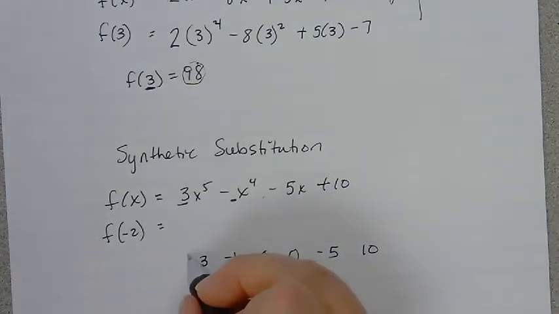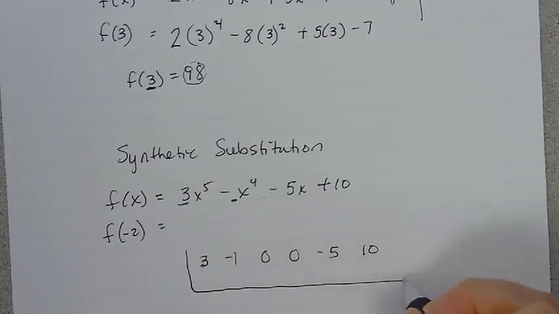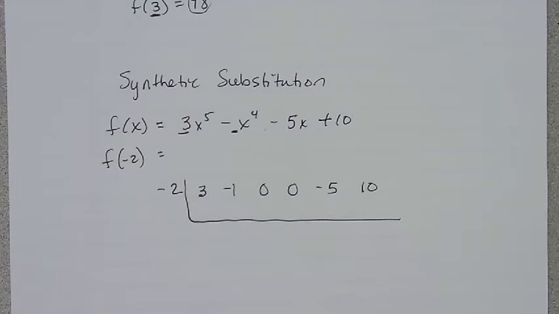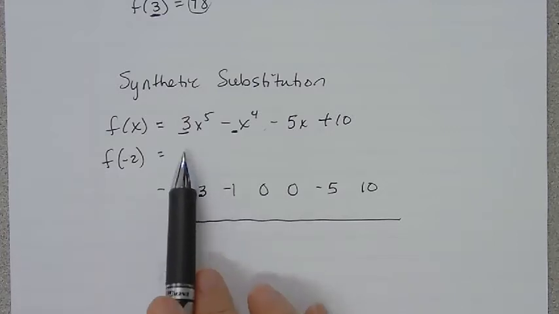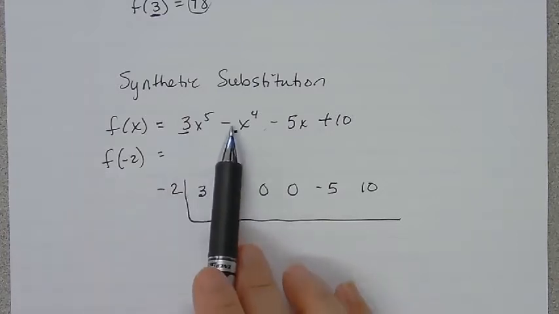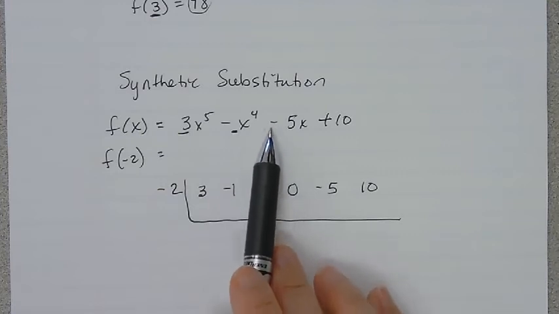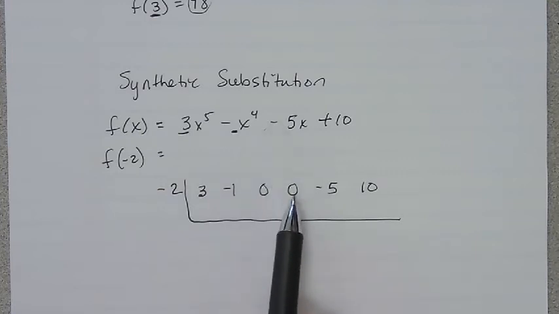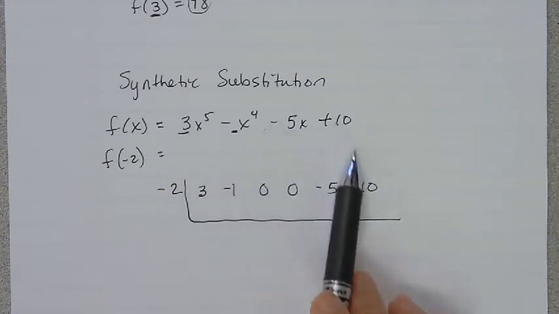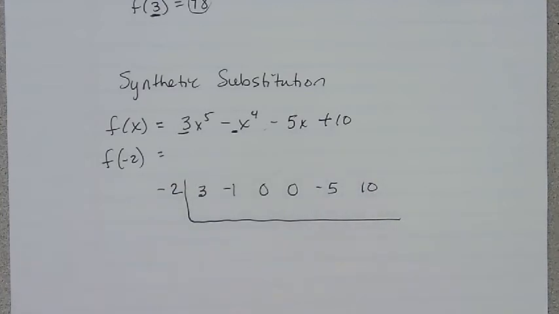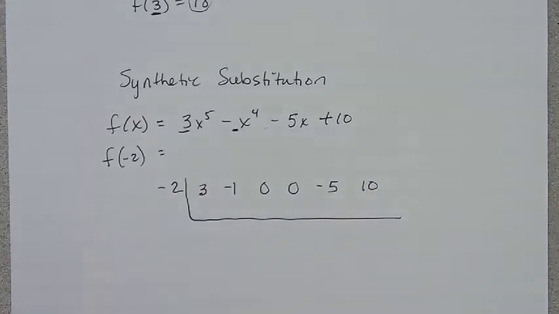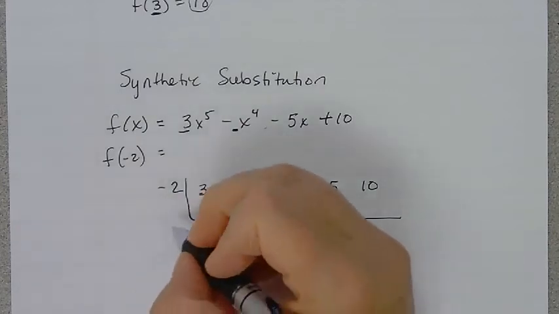With synthetic substitution, you're going to put the number that you're substituting on the outside of a little box like that. So again, the 3 came from the 5th, the negative 1 came from the 4th, there was nothing for the 3rd, nothing for the 2nd, negative 5 for the 1st, and 10 for the constant term. So with synthetic substitution, you start by bringing down the first number.